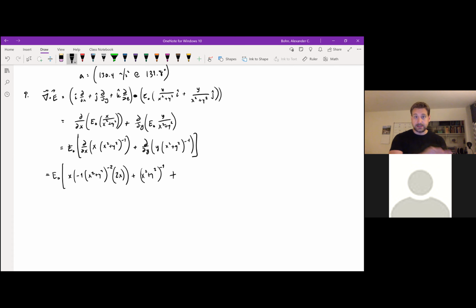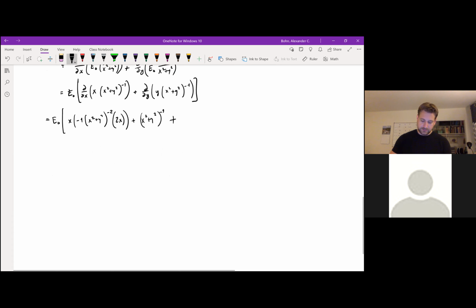It's just y instead of x. So I think it's going to end up identical, just with y in the place of x. So we've got the first part of the product, negative 1 x squared plus y squared, negative 2, 2y, plus, again, x squared plus y squared, negative 1 times 1.